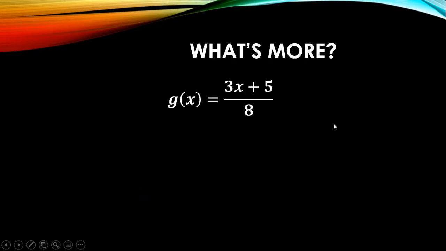How about this? G of x is equal to 3x plus 5 all over 8. By inspection, pwede? Or mental? Kaya ba? Ang naunang operation or dulong operation na ginawa ay division. Okay, tama po ba?